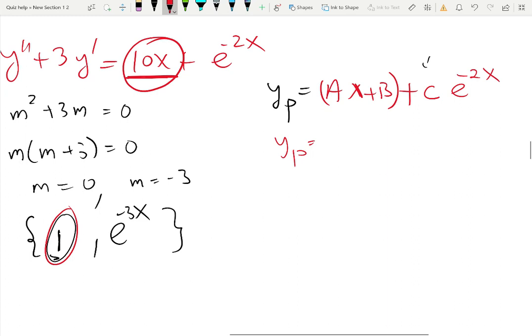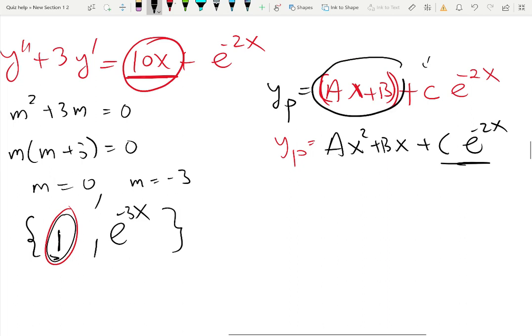So when you multiply by x, this whole part is the offended party. So this is ax squared plus bx plus c e to the negative 2x. c is not offended because that's an exponential function. b is a part of the linear function. That is how b came there.